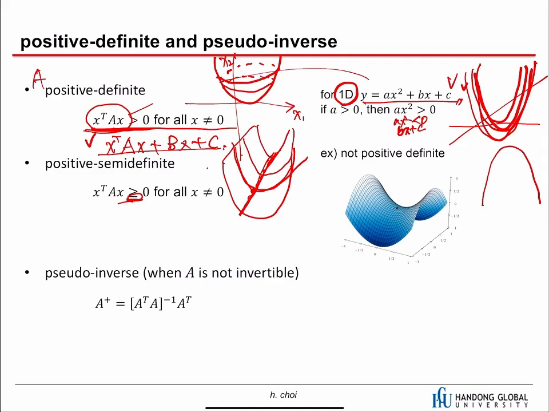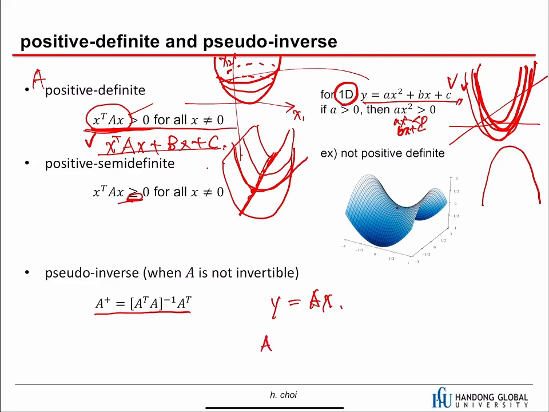And what is a pseudo inverse? When A is not invertible, like when A is not a square matrix, let's say y is Ax, where x is three-dimensional and y is two-dimensional. Then matrix A is not invertible. Then what can we do?